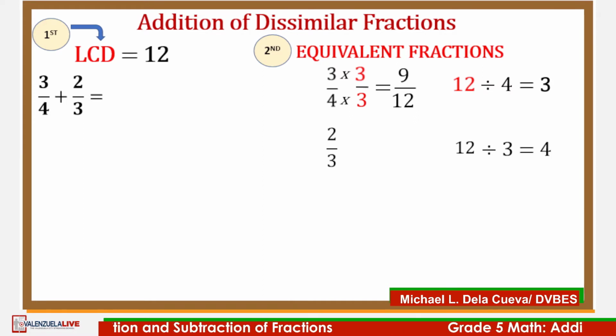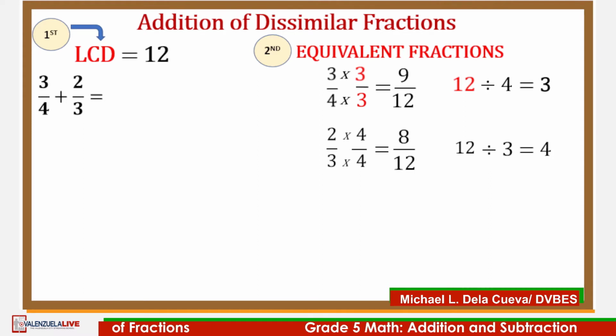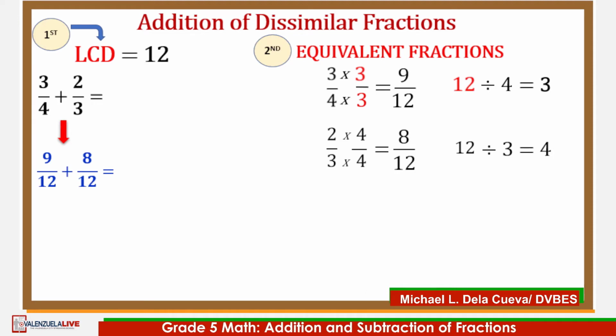And then multiply to its numerator and denominator. 2 times 4 is equal to 8, and 3 times 4 is equal to 12. So we have 8/12. Now, 3/4 plus 2/3 will become 9/12 plus 8/12, because these are the equivalent fractions of 3/4 and 2/3.